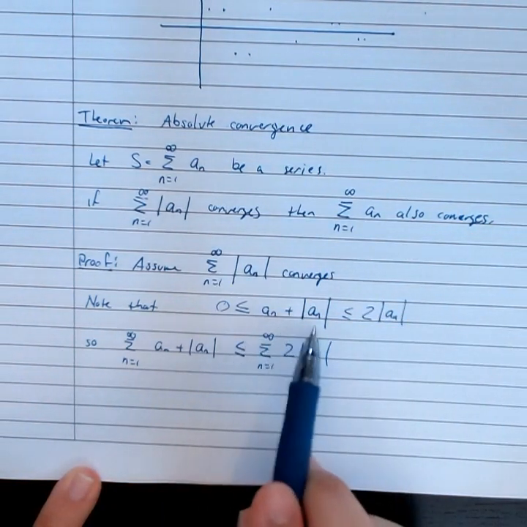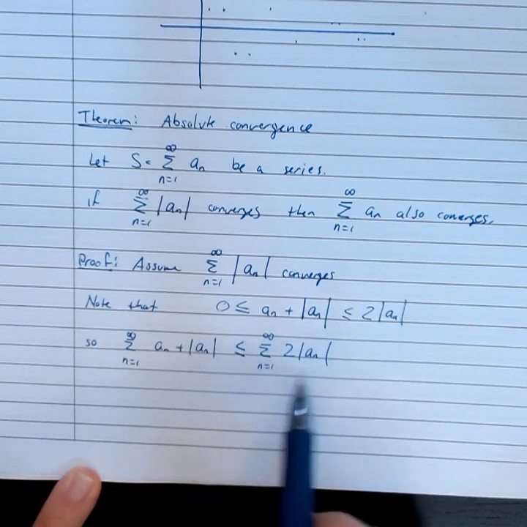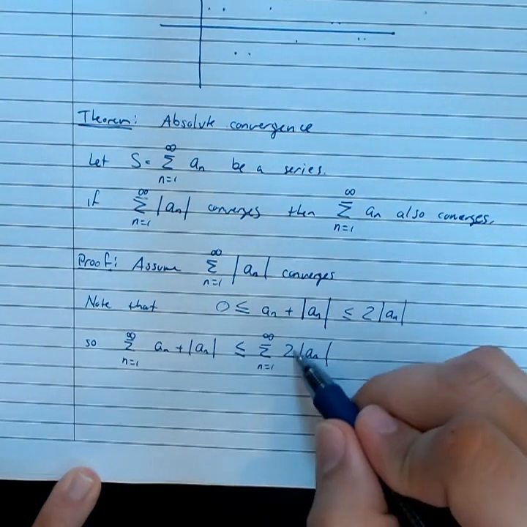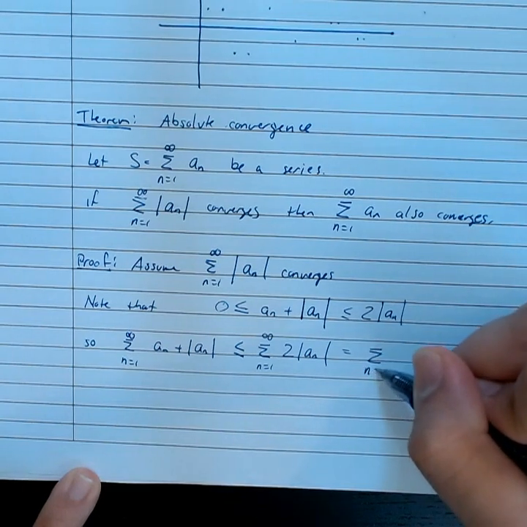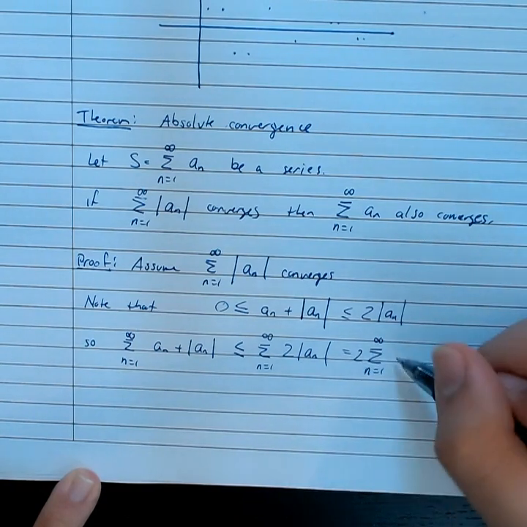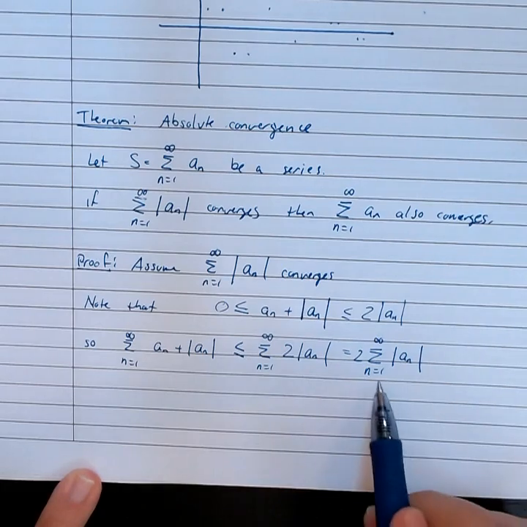If these terms are less than these terms, then the sum of these terms must be less than or equal to the sum of these terms. But that's a common factor, which we can factor out. So this is the sum as n goes from 1 to infinity, leaving the 2 out here, of the absolute value of a sub n. But we know this converges.